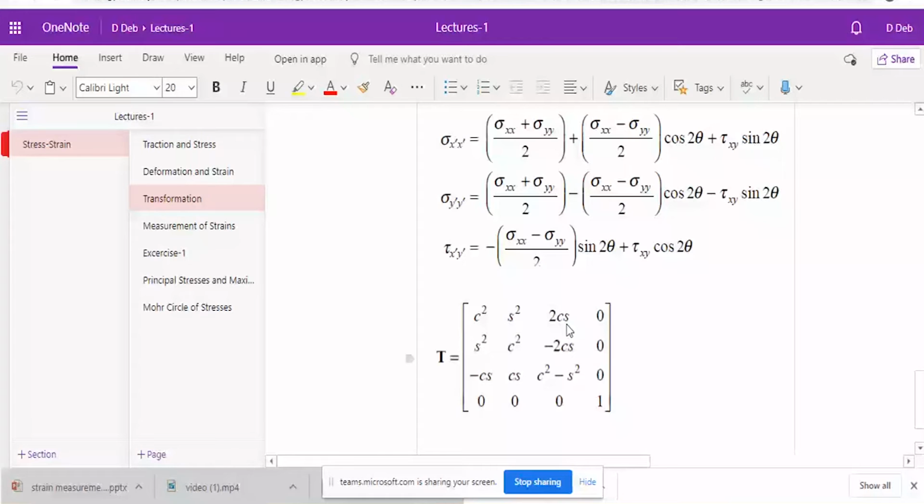And tau x dash y dash is minus 3.946. Everybody got that? Minus 3.946.